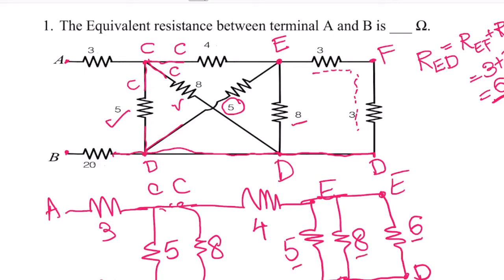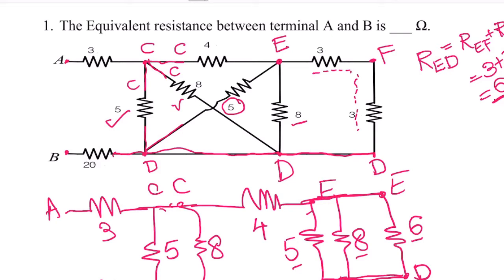All are connected in parallel. Why? Because the starting points are the same and the ending points are the same. The starting point of these 3 is E, and the ending point is D. Then what is the equivalent resistance?